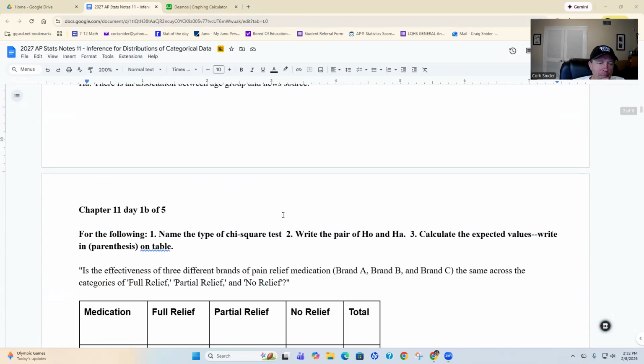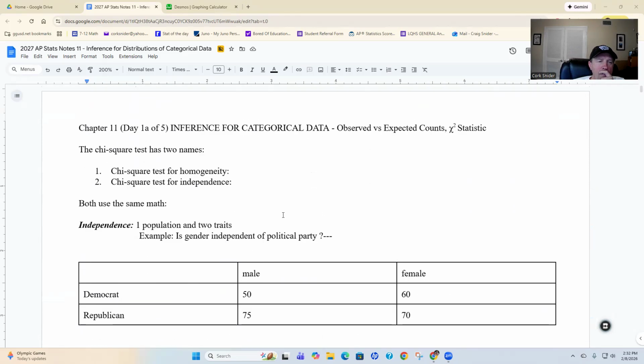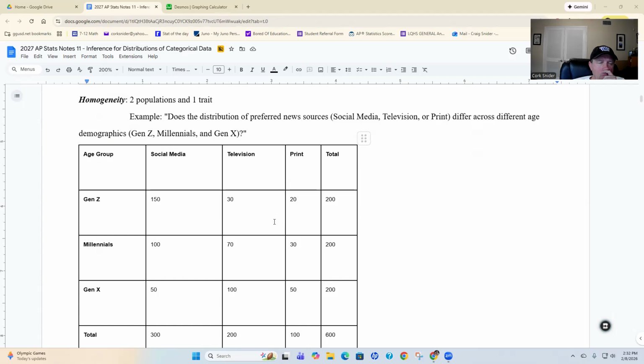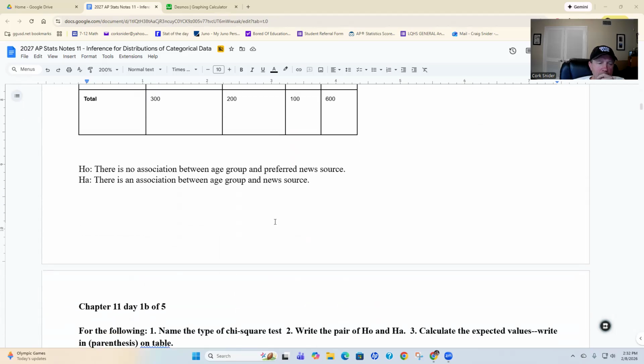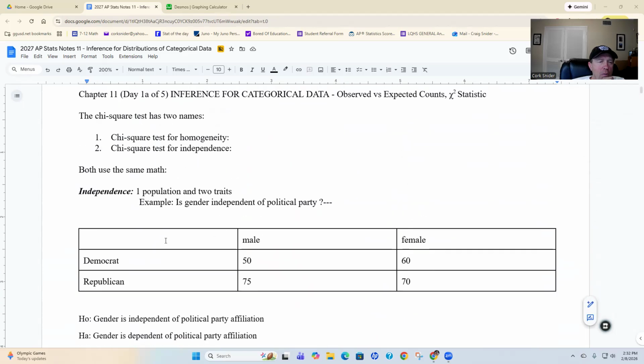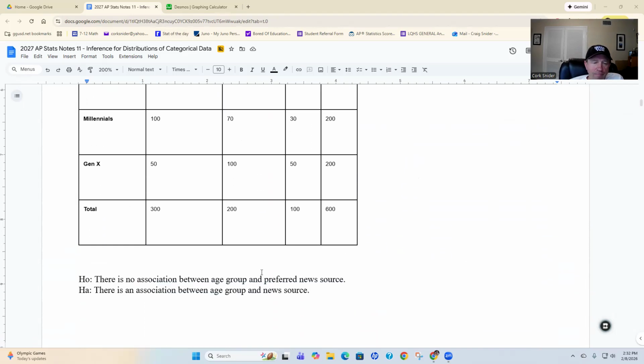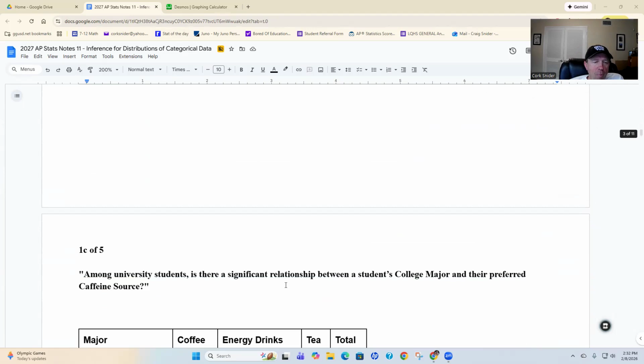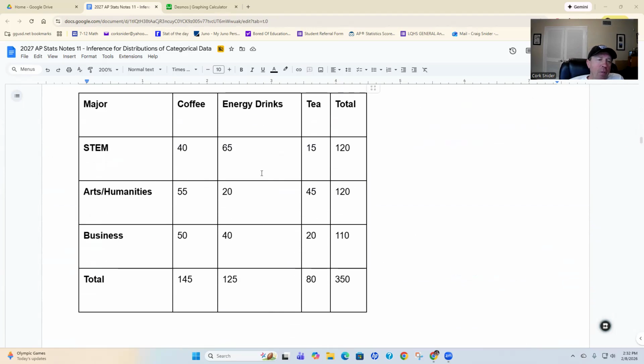I'm thinking independence, because it's one population and two traits. Sorry for the scrolling there. So it's all college students, and the traits are their majors and their drink.